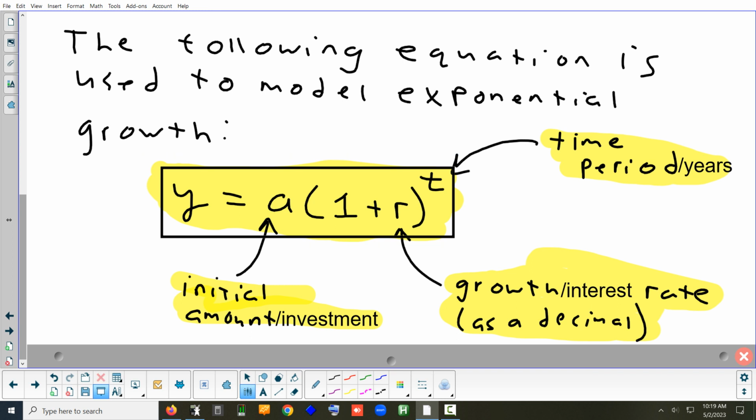R basically tells us how fast the money is going to grow. A lot of times when you put money in a bank account, they give you a percent. And they'll say, well, the percent interest rate on this account is like 0.5%. Or, if you're buying a house, instead of you making interest, you have to pay interest, right?